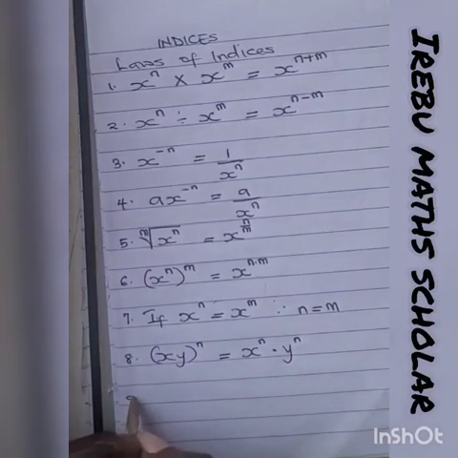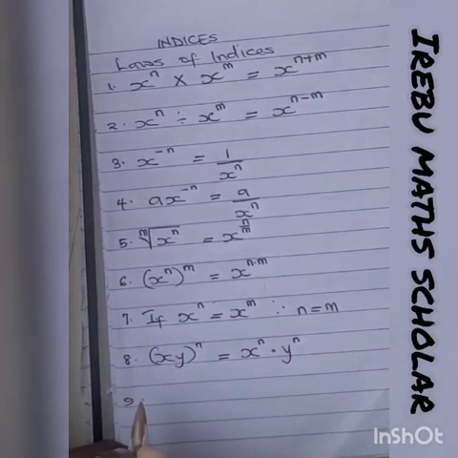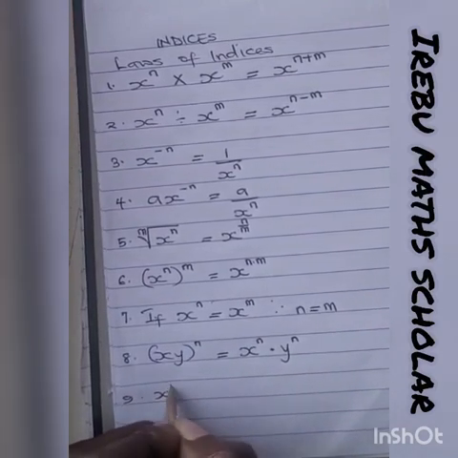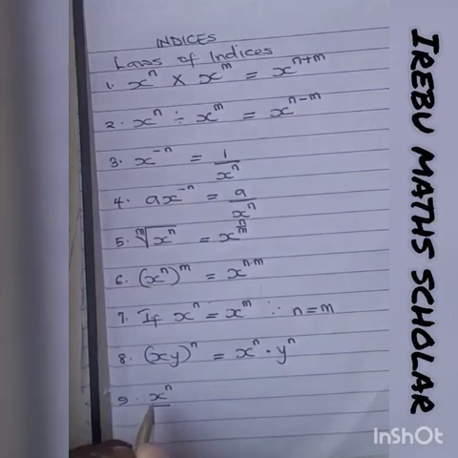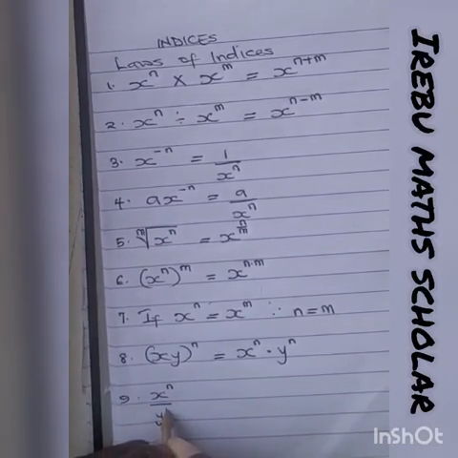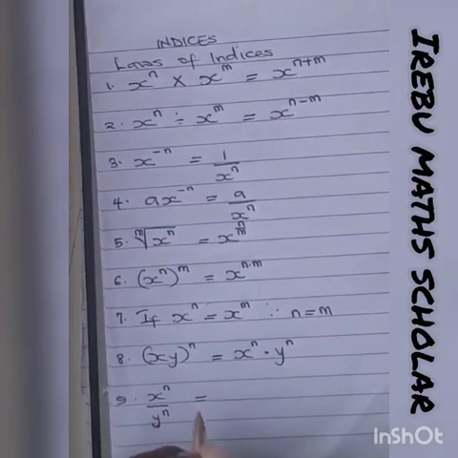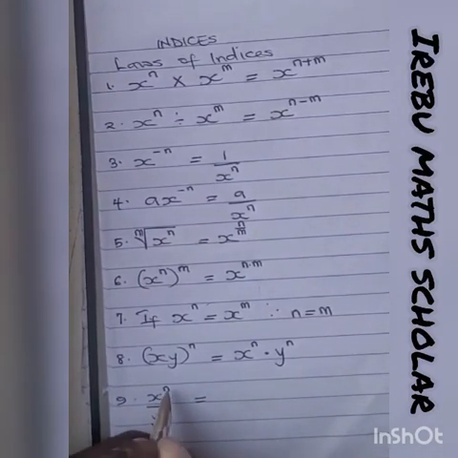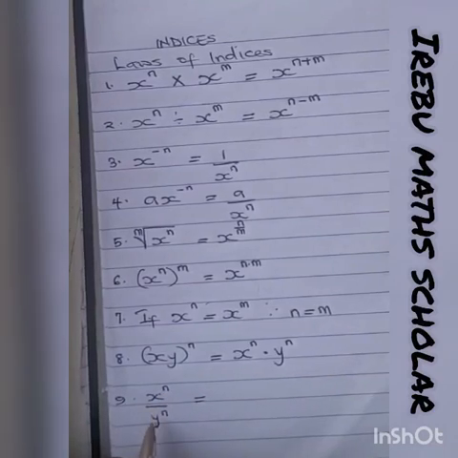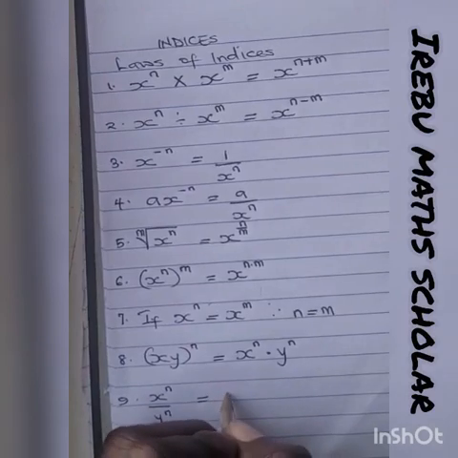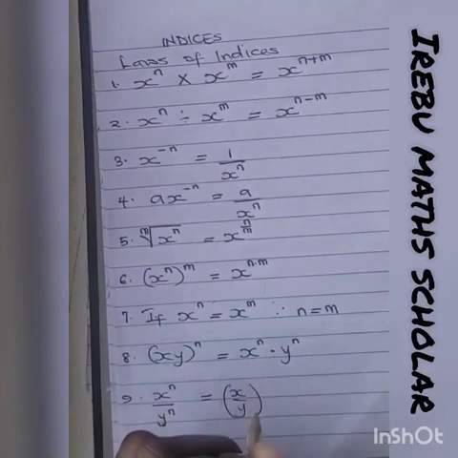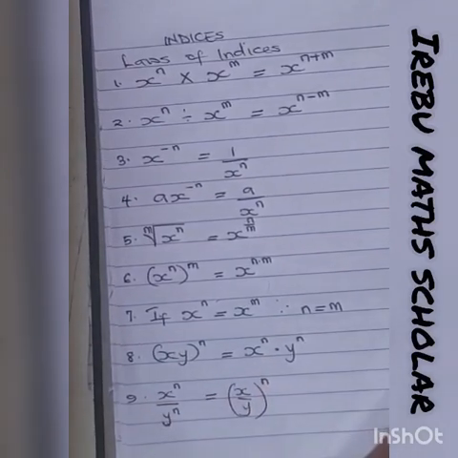Okay, the ninth one, if we have x to the power of n over y to the power of n, as long as they have the same powers, even if their bases are different, what you're going to have is x over y all to the power of n.